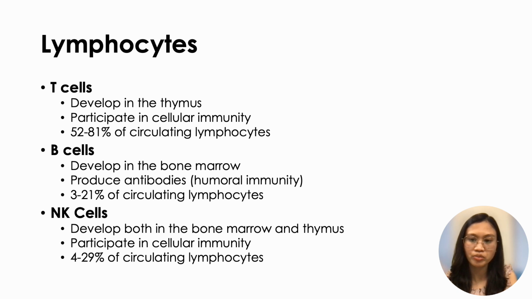They develop in the bone marrow, and their main function is in producing antibodies, thus they are involved in humoral immunity. And lastly, we have the natural killer cells or the NK cells. They develop both in the bone marrow and in the thymus, and they participate in cellular immunity.